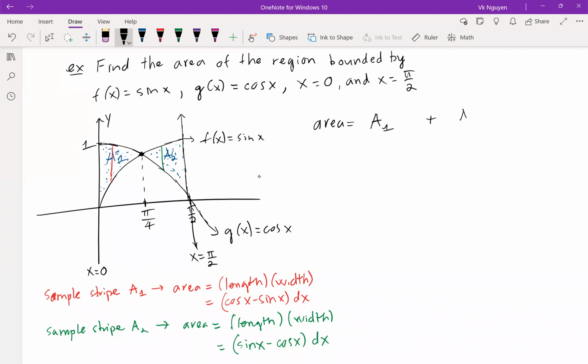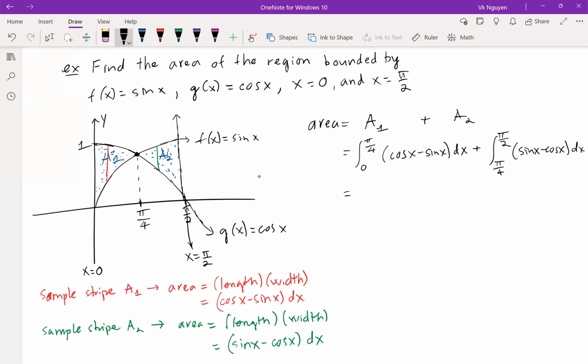is A1 plus A2. The area A1 is the integral from 0 to pi over 4 of the sample area, cosine x minus sine x dx. A2 is the integral from pi over 4 to pi over 2 of the sample area, sine x minus cosine x dx.